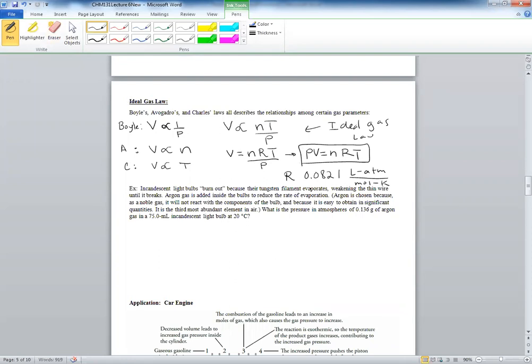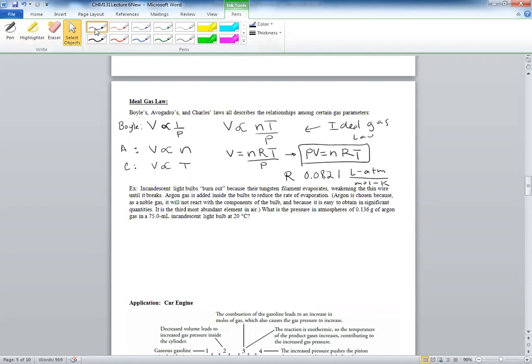So that's in ATM. We're going to use this, although it's available in kilopascals and torr, or millimeters of mercury. In case it's given in another unit, you would have to convert your pressure to ATM.